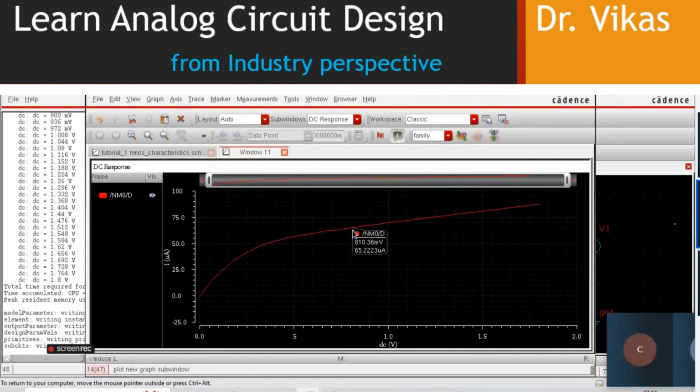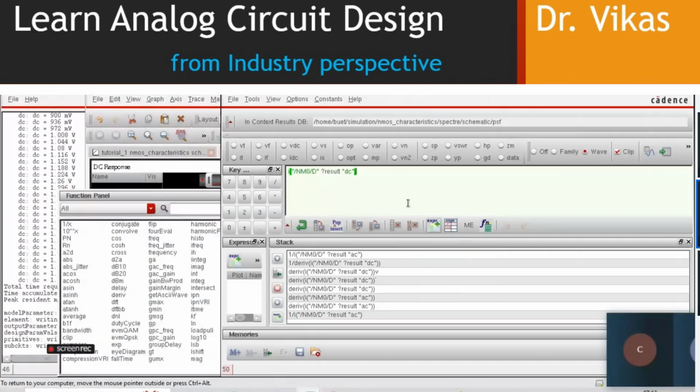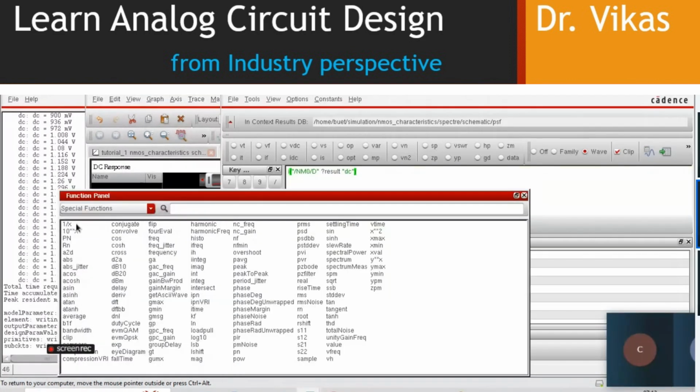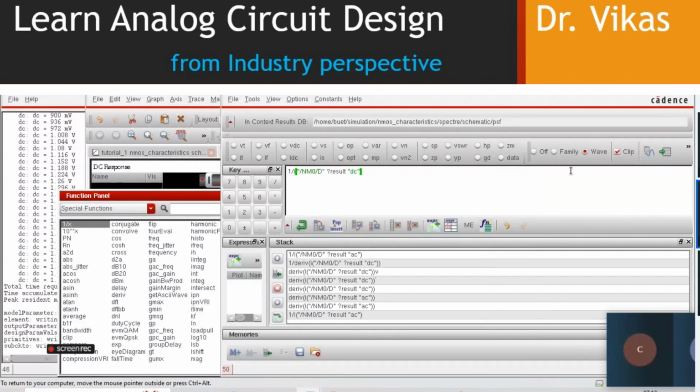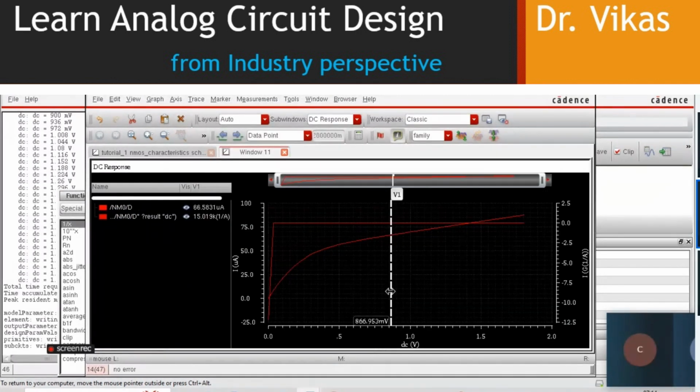Now I require VDS by ID, so I can just take the reciprocal of this. I'll send it to the calculator, use the function 1 by x, and say this. So whatever resistance I can see, let's mark it at exactly 900.